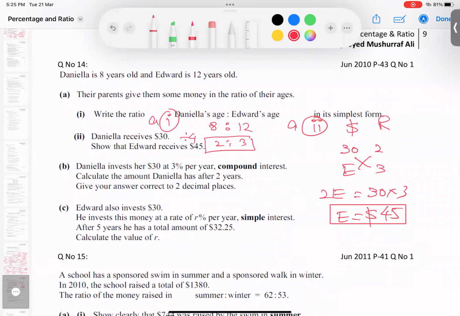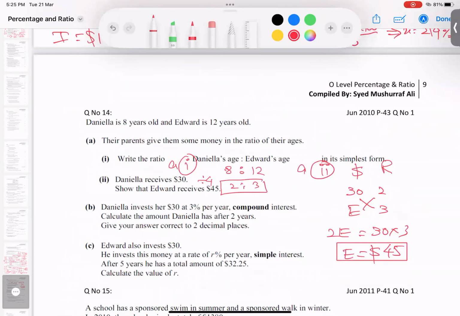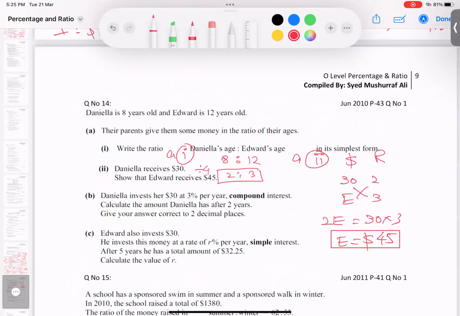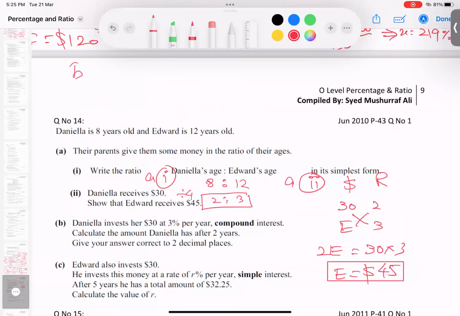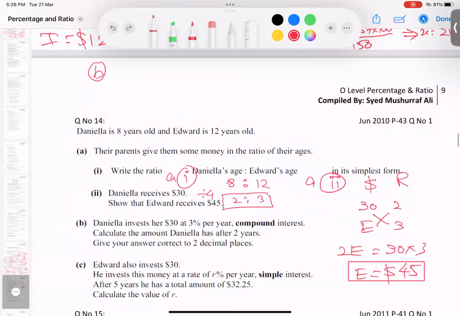Part B, what is it asking for? Part B is not a hard job, easy. I'm doing it on the top because of space. D invests $30 for 3% compound interest. Okay, I'm writing all the data. Investment $30, rate of interest is 3, and time is 2 years.